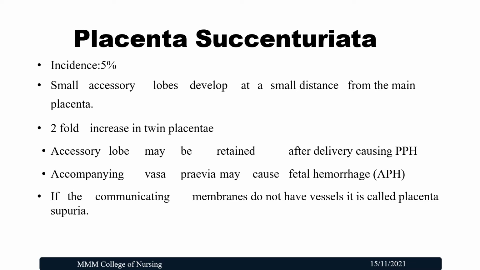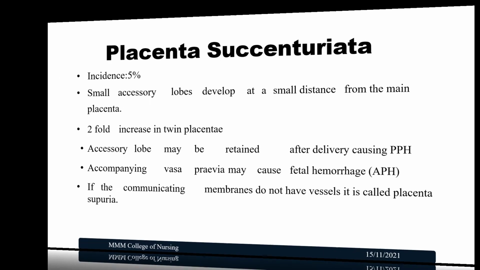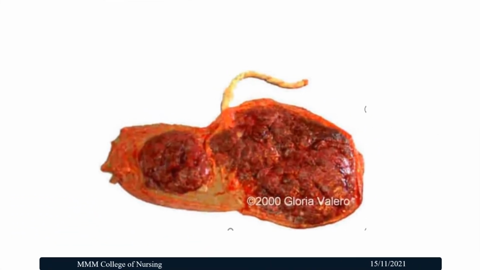If the communicating membrane does not have vessels, it is called placenta spuria. This is about placenta succenturiata. In this picture, you can see the placenta succenturiata. There is a separate small lobe separated from the main placenta.